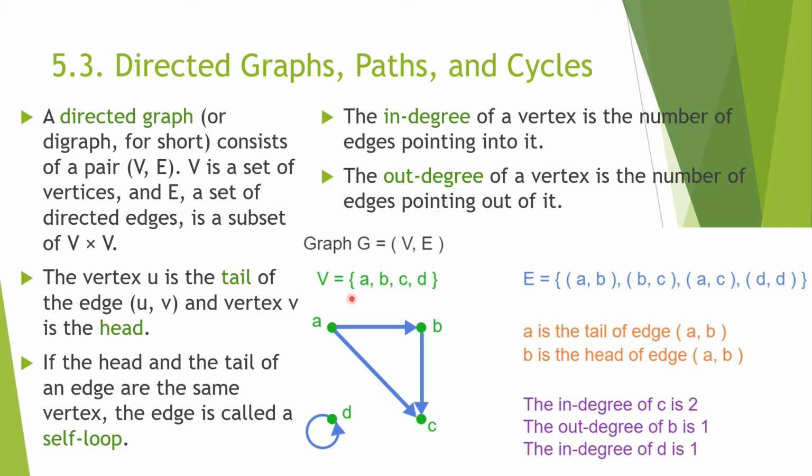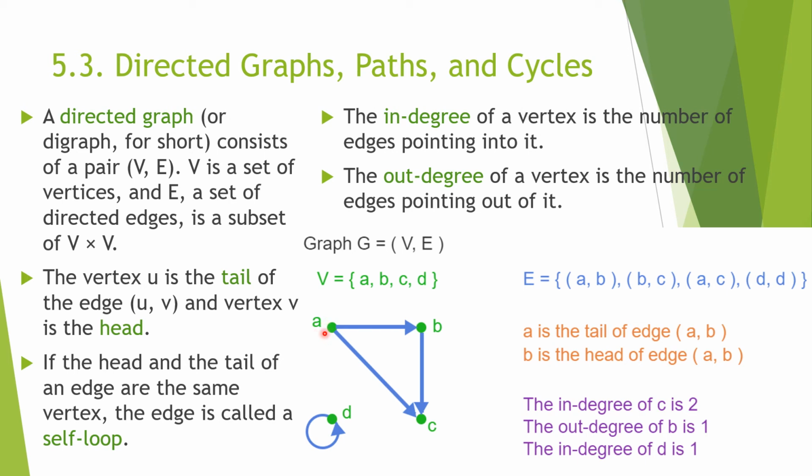So let's assume that you have a graph like G equals V and E. V is a set of all vertices containing 4 elements A, B, C, and D, and E is the set of 4 ordered pairs A and B, B and C, A and C, and D and D. So it is very similar to what we have done for representing a relation.